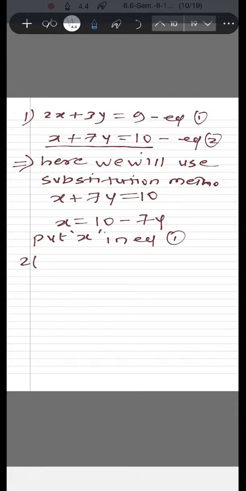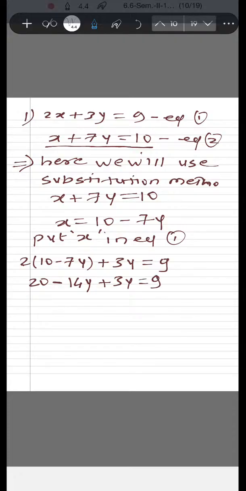The equation says 2 in brackets (10 minus 7y) plus 3y is equal to 9. Let's simplify. Always solve the bracket first. 2 into 10 is 20, and 2 into minus 7y is minus 14y, plus 3y is equal to 9.